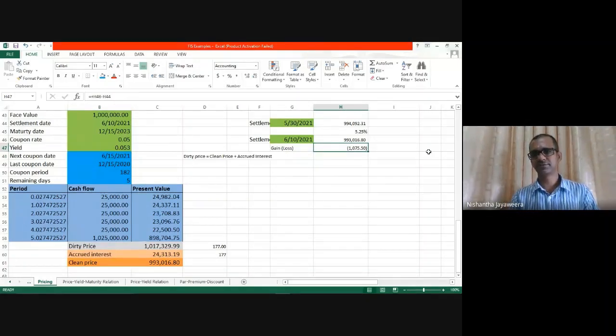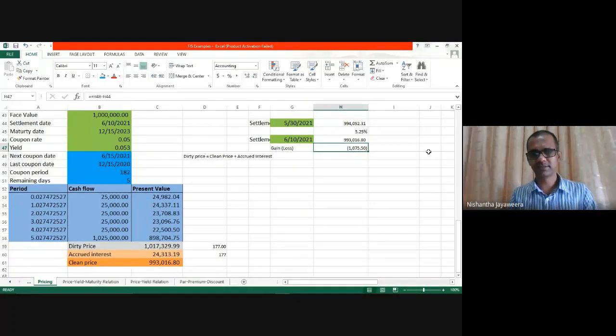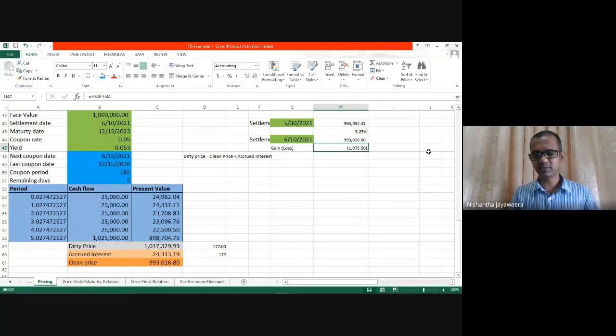Is it clear? Because when yield increases, price decreases generally. That's the concept. But when we say yield increases, price decreases, we assume all others remain the same without changing the time.